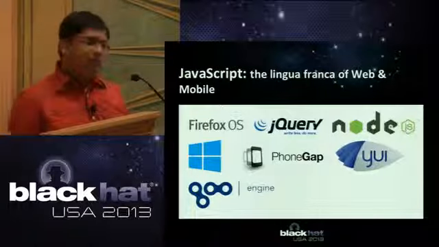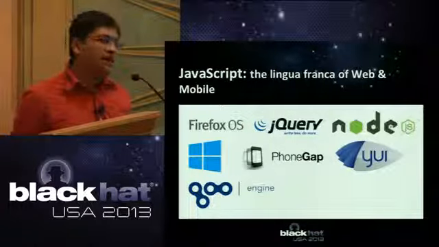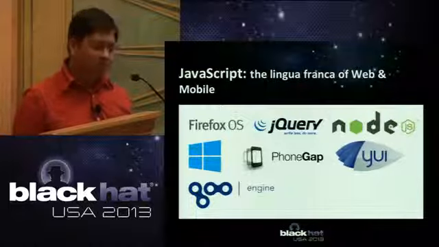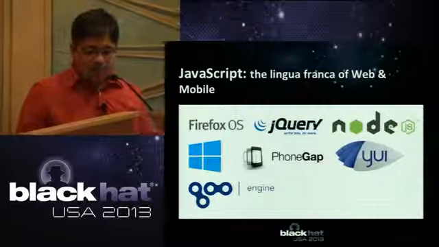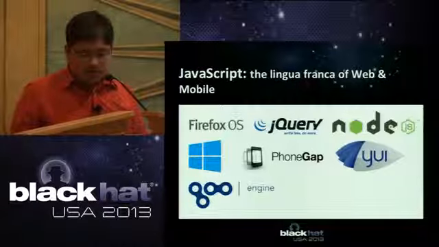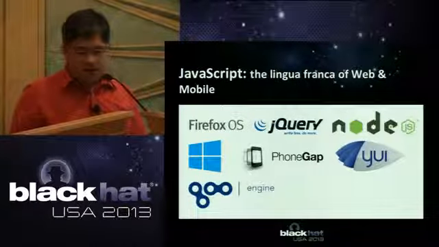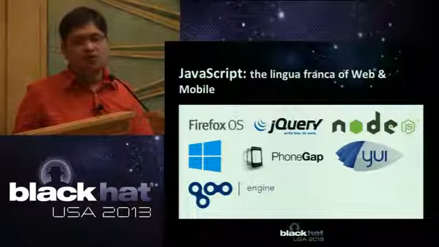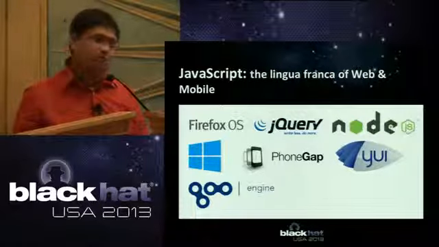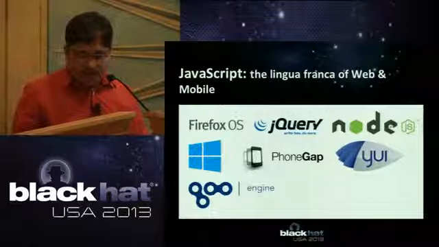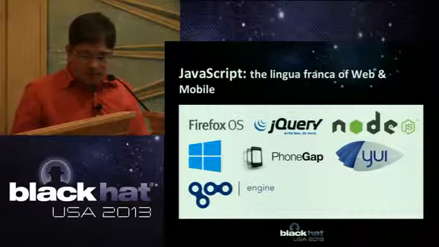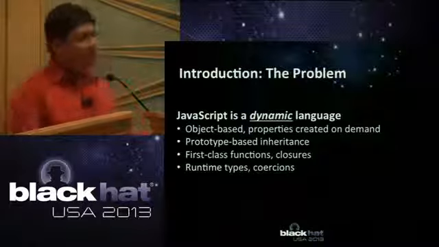So it's almost everywhere, be it client-side, server-side, or on mobile phones. It's becoming the de facto language for developers, because they need to know just one language and they can program for whatever application they need to. So that's about it. What is the problem with JavaScript then?